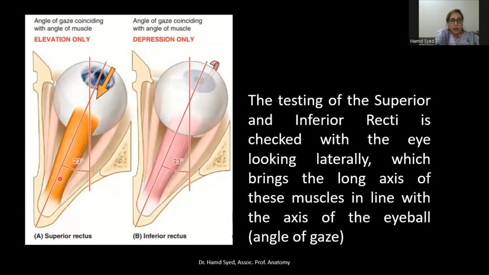Here, the axis of the eyeball can also be called simply the angle of the gaze. Otherwise, if the eyeball was not abducted, and if the person is looking forwards, in that case, there would be an angle of 23 degrees between the long axis of the muscle and the angle of gaze.